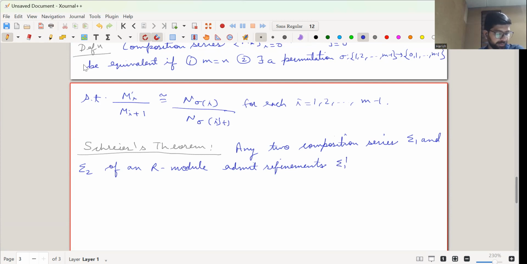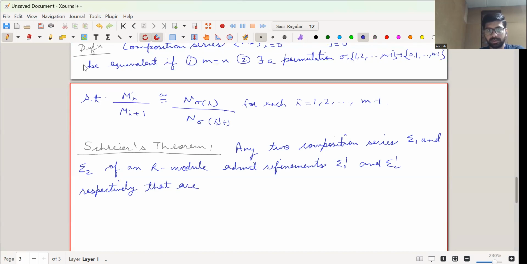So admit refinements sigma 1 dash and sigma 2 dash respectively that are equivalent.